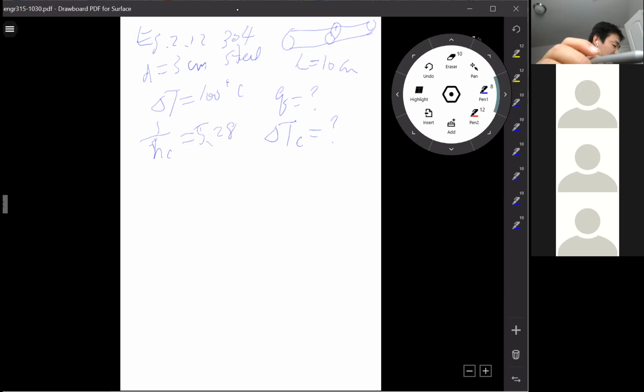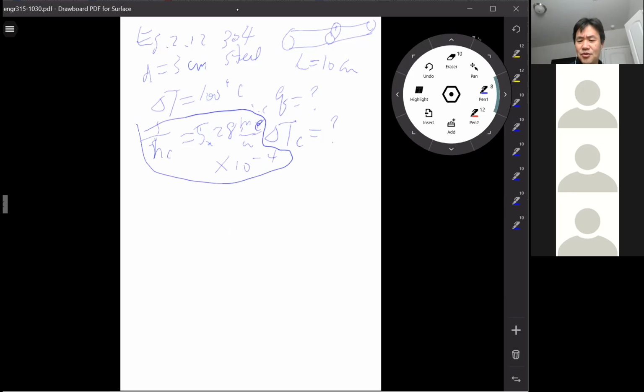Look at the unit: meter square C per watt. The value is times 10 to the negative 4, 5.28 × 10^-4 C per watt. So that's the value from the table.